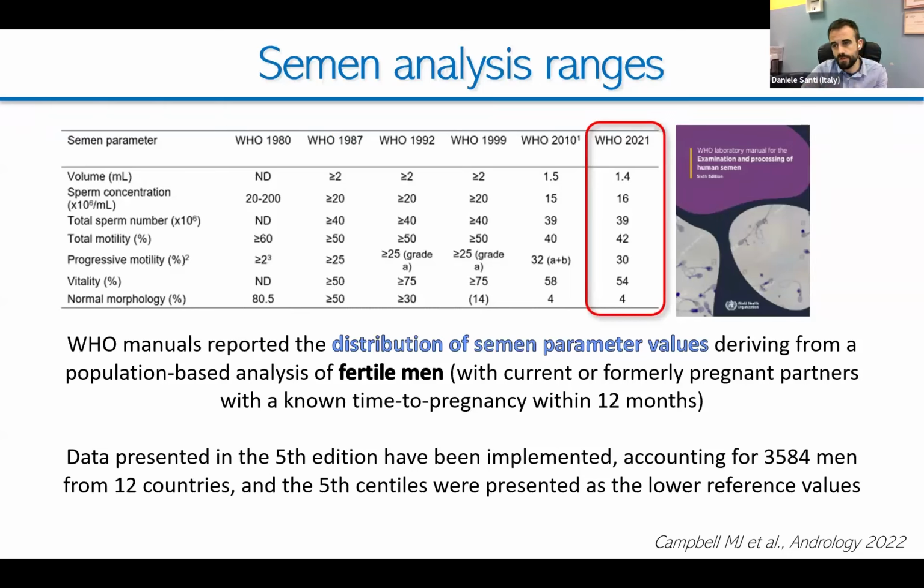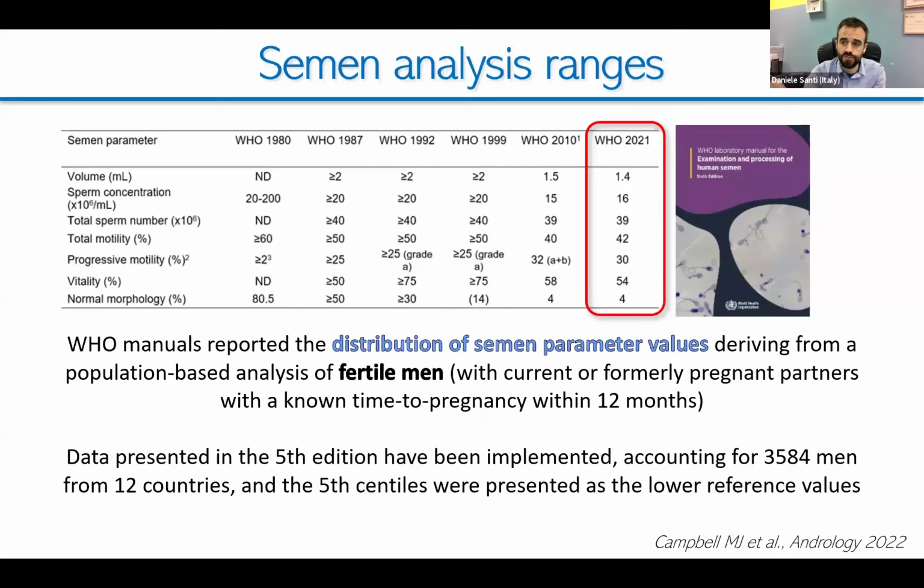This is the table summarizing these ranges from the first manual edition in 1918 to the last one. Some kind of difference. These data are obtained considering a large cohort of men with proven fertility, more than 3,000, who performed a semen analysis.